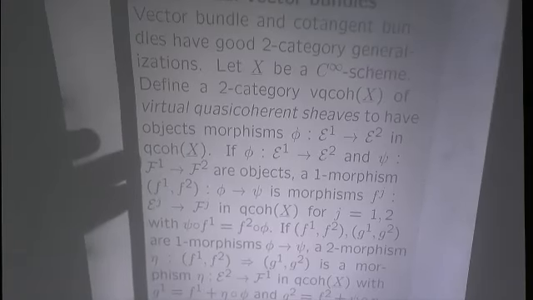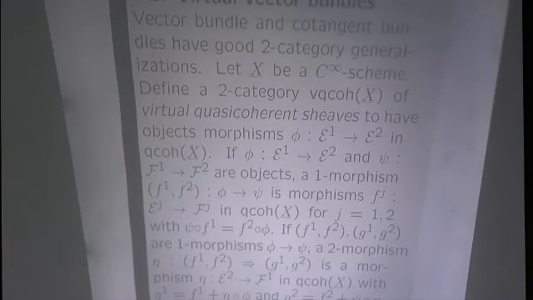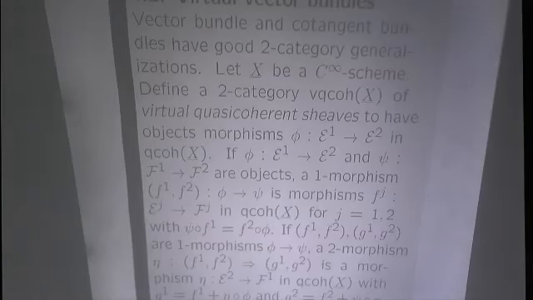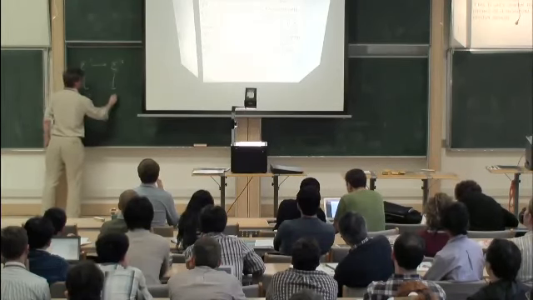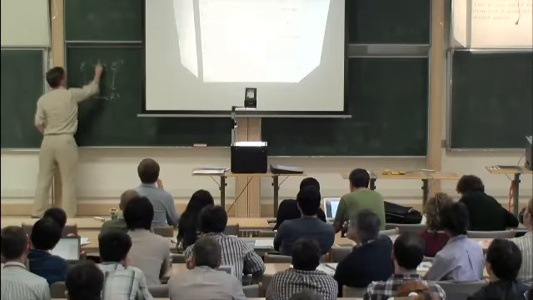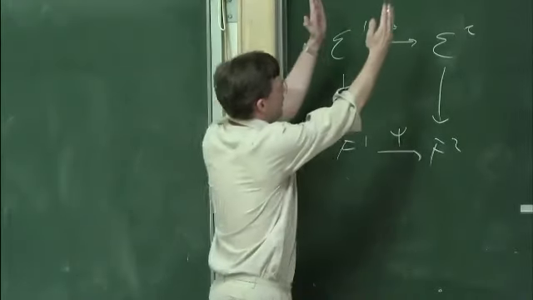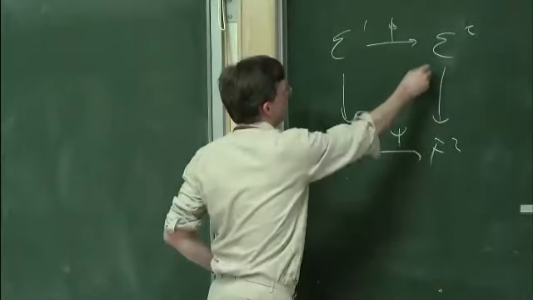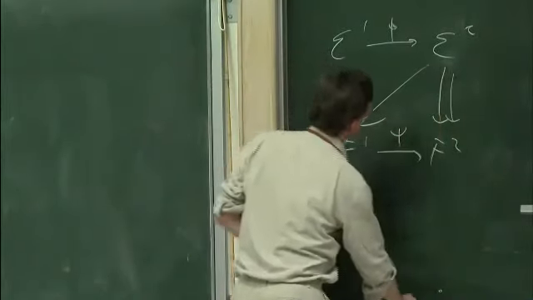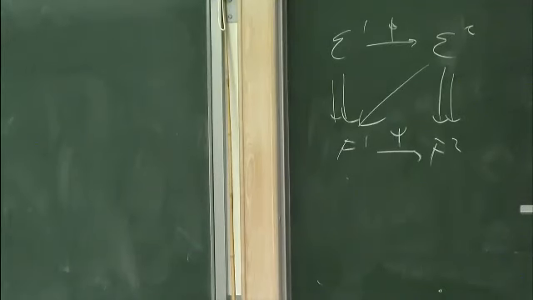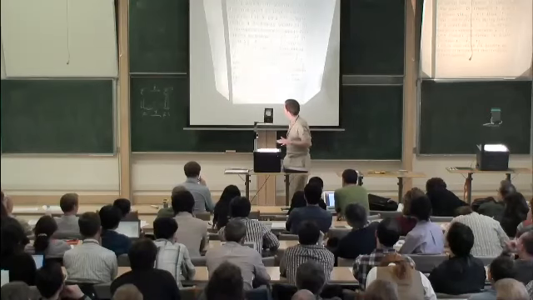So the 1-morphisms between these things are just commutative squares, the columns like that, and the 2-morphisms are a map like that for two 1-morphisms. So it just behaves as the obvious kind of 2-category of two-step complexes.